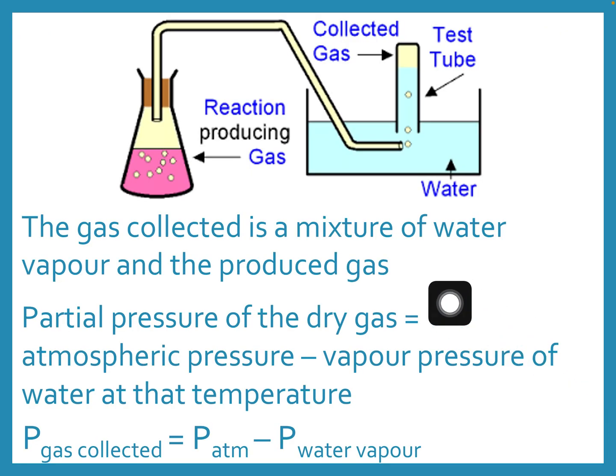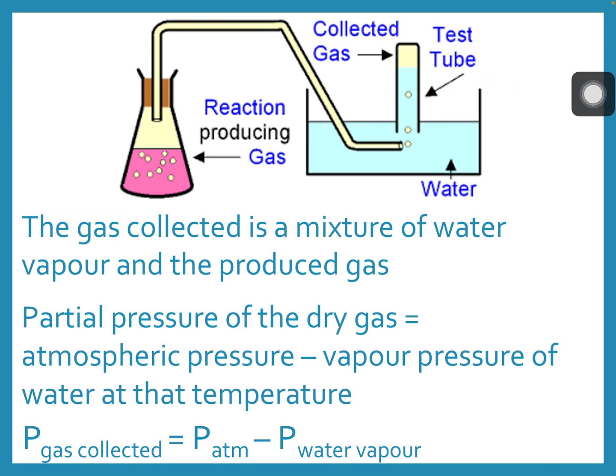So here is a closer look. So if I have my reaction chamber and the gas that's being created will come along into here and it will bubble up into this test tube, and so I've got a certain amount of gas being collected here. So in here I have an overall pressure of this gas that's being produced, but also some of this water is going to evaporate and become a gas.